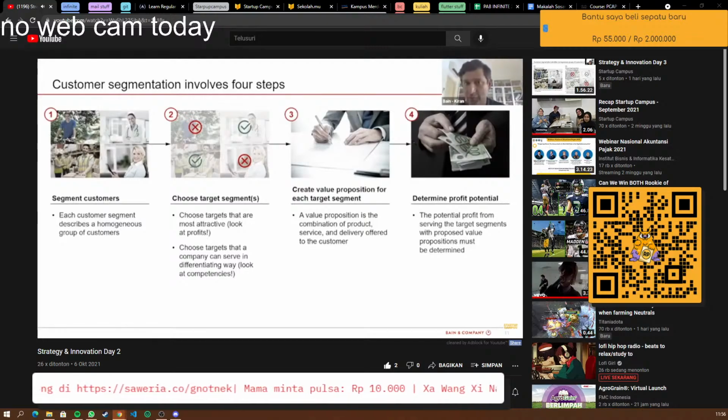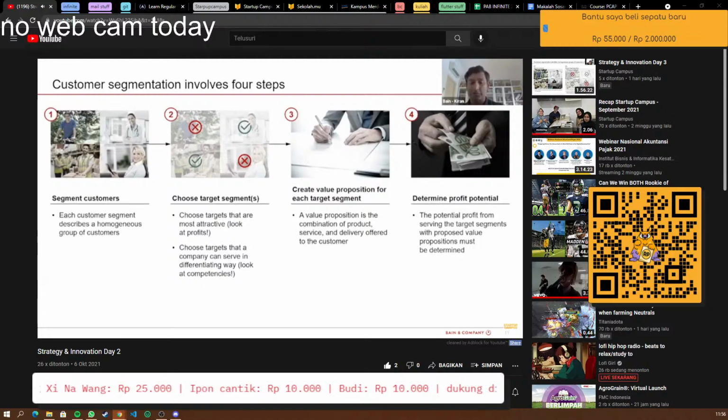So I'll give you a framework today in terms of how we could think about selecting the right segments. And if your company strategy is such that you have picked the wrong segment to target, you need to be able to change your strategy accordingly, right? Or change the segment that you're focusing on.